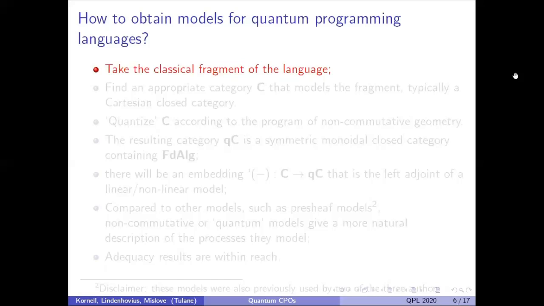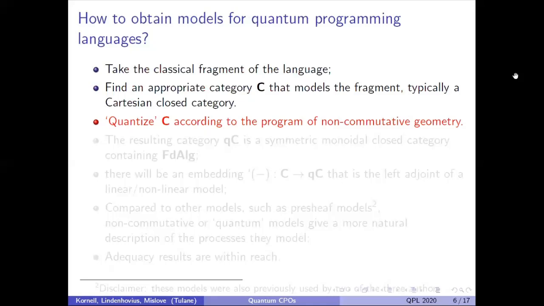Okay, we want to promote a certain recipe in order to obtain models for quantum programming languages. The first step is taking the classical fragment of the language. And then we find an appropriate category which models this fragment. And this category is typically a Cartesian closed category. And then the next step is quantizing this Cartesian closed category according to the principles of non-commutative geometry.